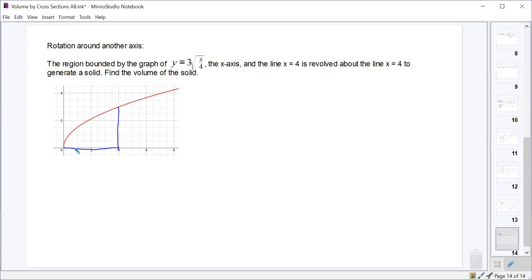So if I revolve this region around x equals 4, we're going to get sort of a three-dimensional thing that looks like this. It's like a little chocolate chip or something. Everybody agree with that? Looks kind of like a chocolate chip. Everybody okay with that being what it sort of looks like there? I hope. Yes.